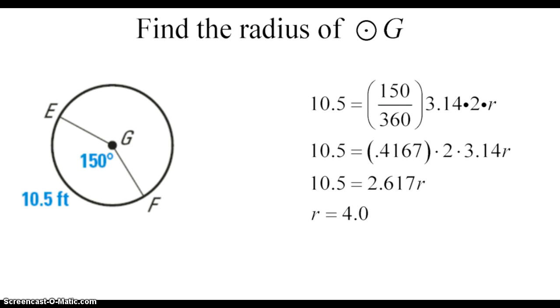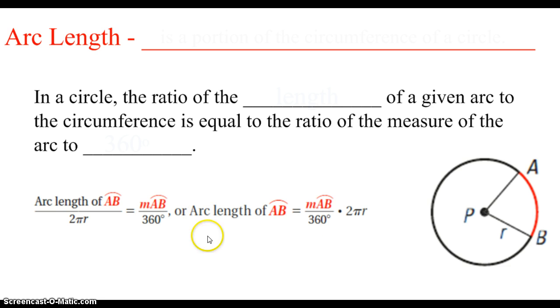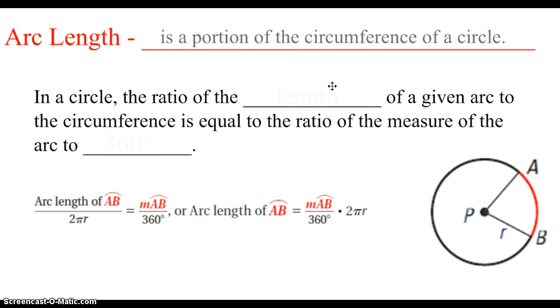So I'm hoping that you're picking up a concept that this is a formula. The arc length equals measure over 360 times circumference. All you're doing is finding a portion of the circumference. So if I have a formula, and as long as I have everything but 1, I can use that formula to solve for the missing piece.